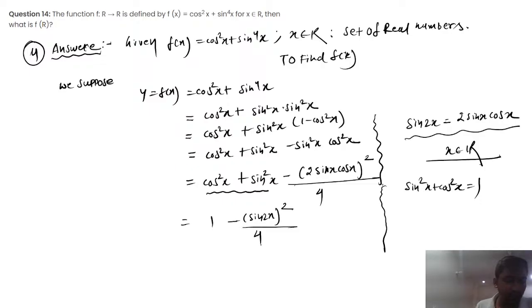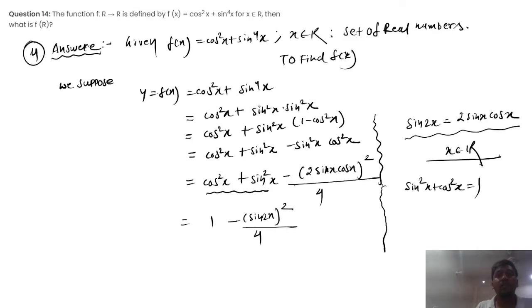Is it? Any doubt till here? Tell me, so that we can proceed to the next part. Okay.